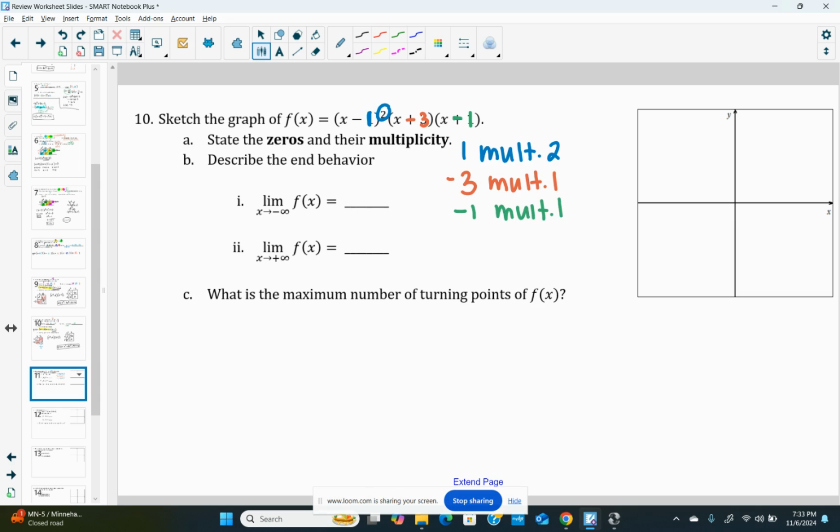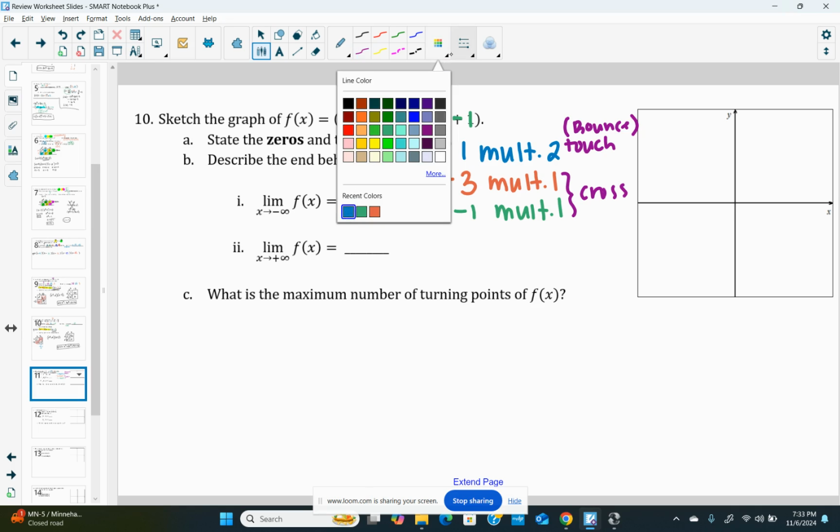So remember, when you have an even multiplicity, this is just going to touch the axis, but not go through, whereas the odd multiplicities are going to cross. Okay, so it's going to touch, or maybe you call it bounce. So let's plot these zeros.